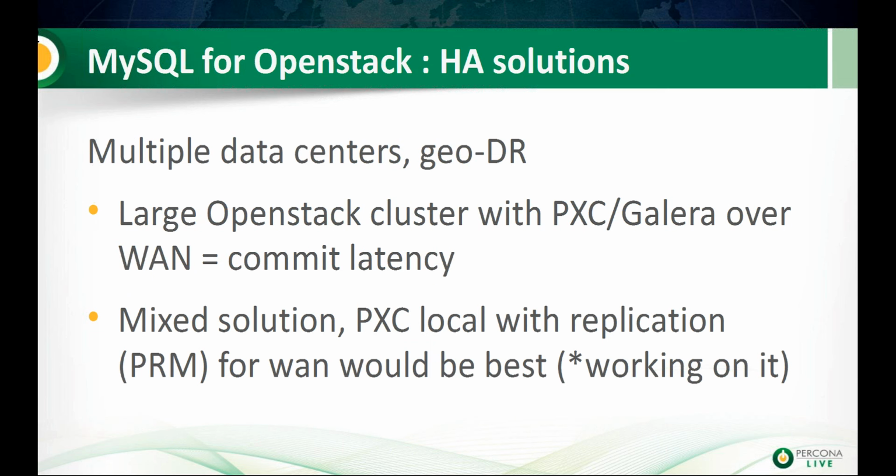I'm discussing with a few guys here at Percona to implement a Pacemaker solution that can do that in the same way. I think it's rather easy to do. There are a few hiccups that we need to be careful about, but basically you run Pacemaker on both sides and it picks a master and a slave and adjusts replication so that it works. So that would be the point of it.